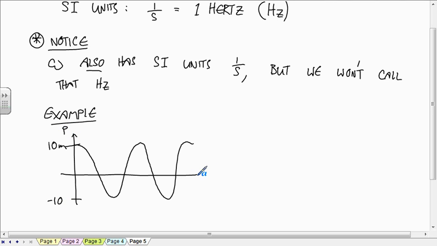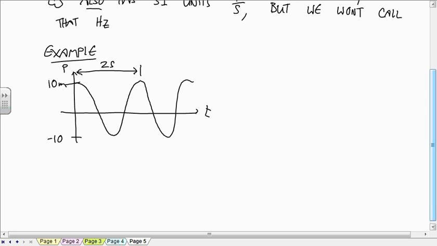This is position, time. And let's say that one period is 2 seconds. What's the position as a function of time?